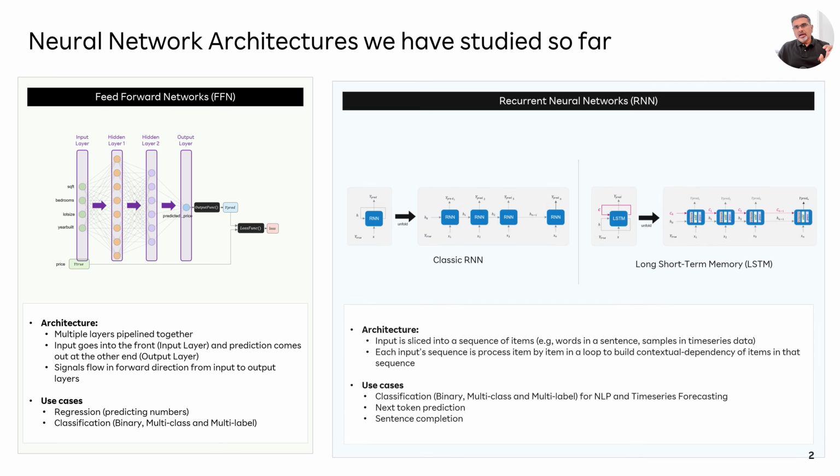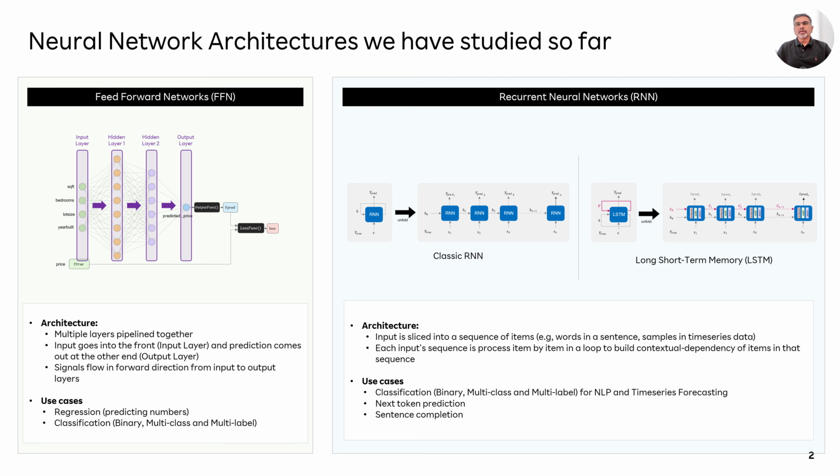Then we studied another form of neural network architecture called recurrent neural network architecture. And we said that an RNN addresses the limitation of a feed forward neural network when the input is of a form which can be broken into a sequence of individual items. For example, take a text, could be a sentence or a paragraph.